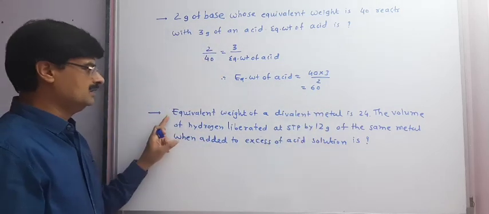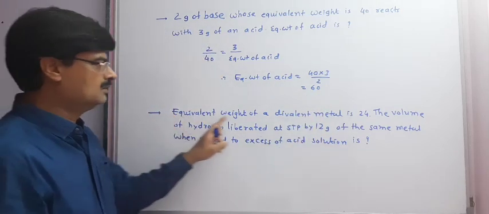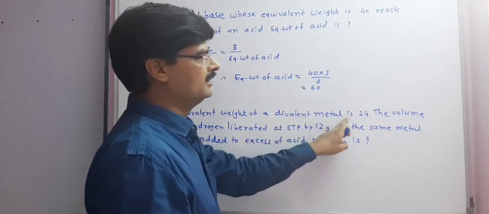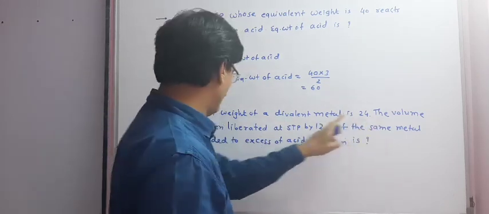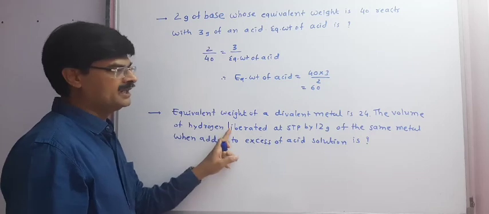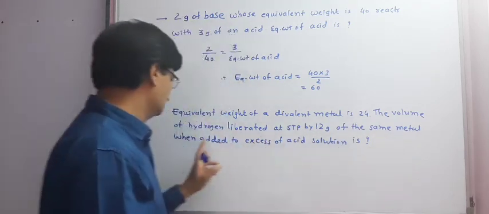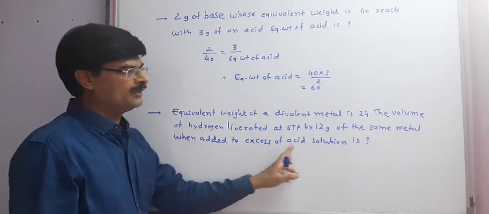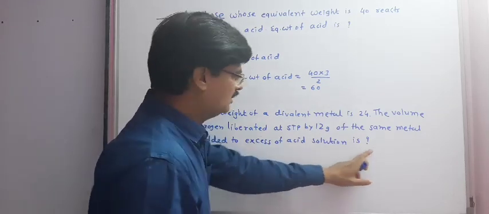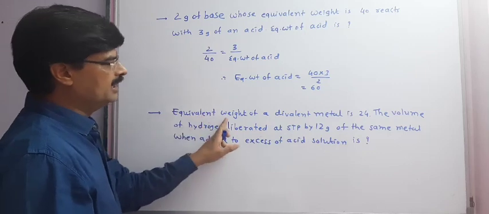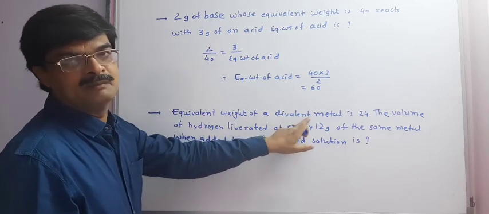In another question, equivalent weight of a divalent metal is 24. The volume of hydrogen liberated at STP by 12 gram of the same metal when added to excess of acid solution is what? So first of all, we have equivalent weight of a divalent metal.